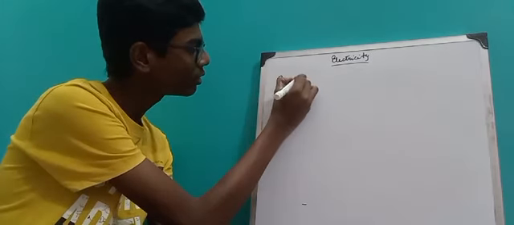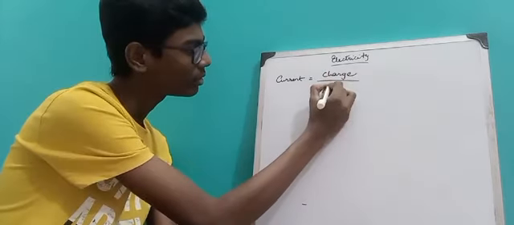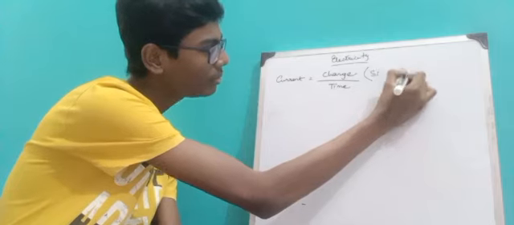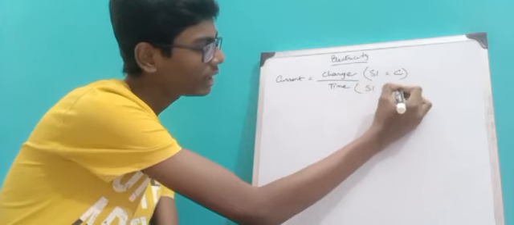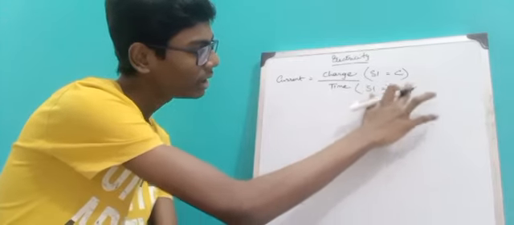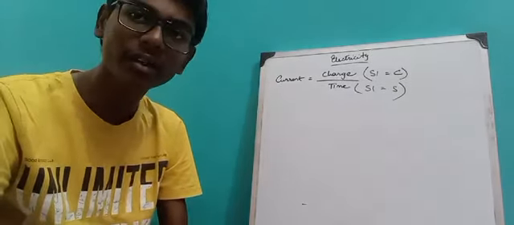Now coming to the unit of current. We know current equals charge by time. The unit of charge is the coulomb, represented by C, and the unit of time is the second, represented by s.